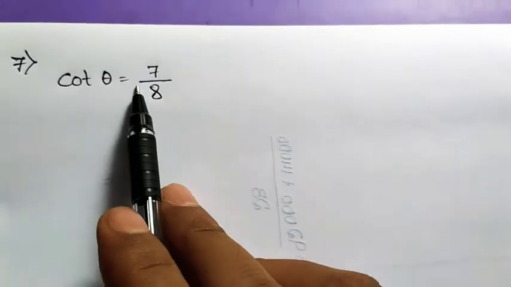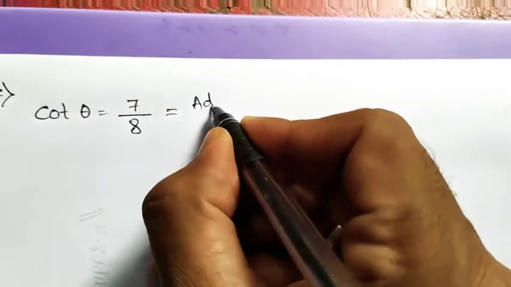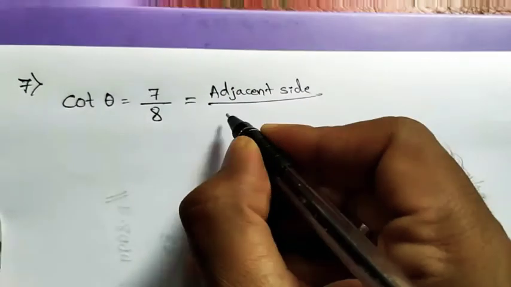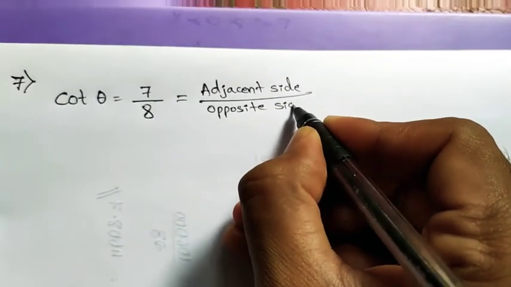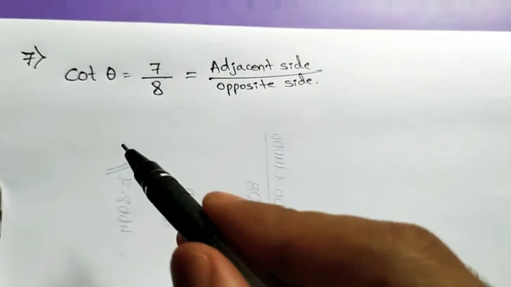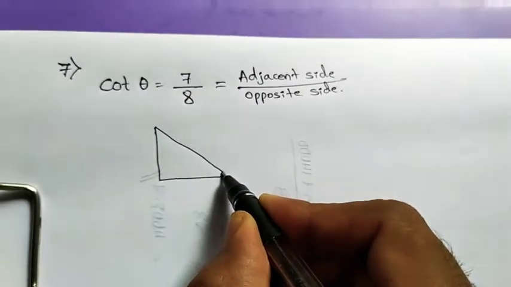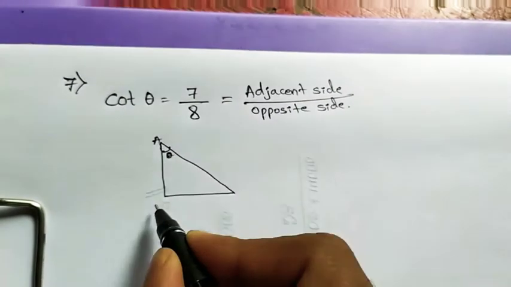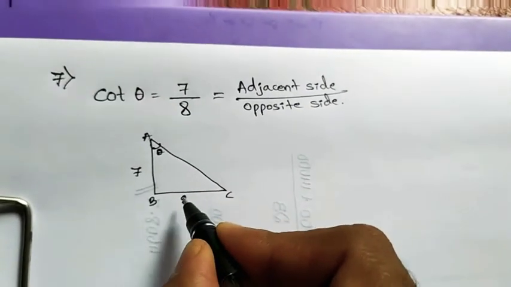They gave cot theta equal to 7 by 8. What is the formula of cot theta? That is adjacent side by opposite side. If we have adjacent and opposite, then it is easy to find the hypotenuse. So roughly draw one diagram. Let's take the angle as theta here, A, B, C. Adjacent is 7 and opposite is 8.